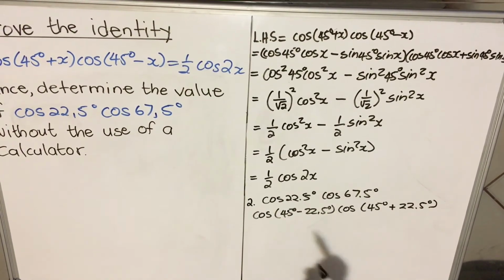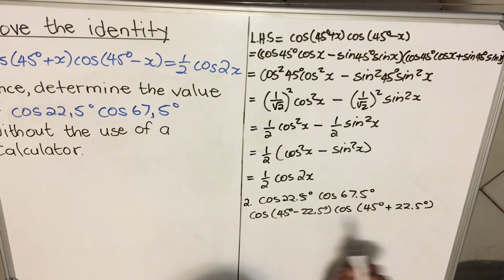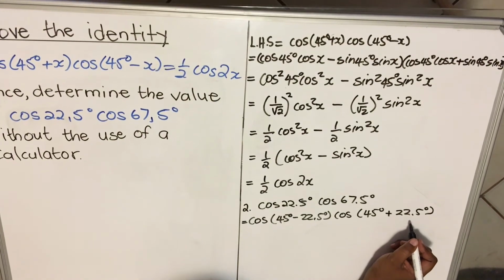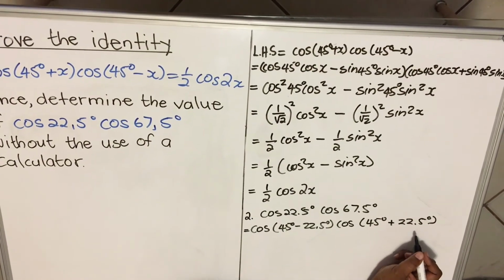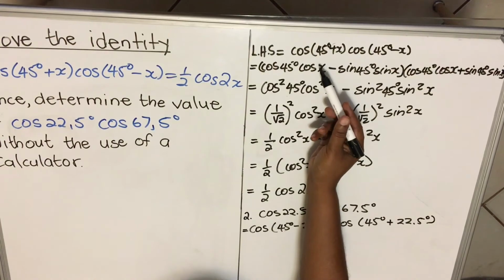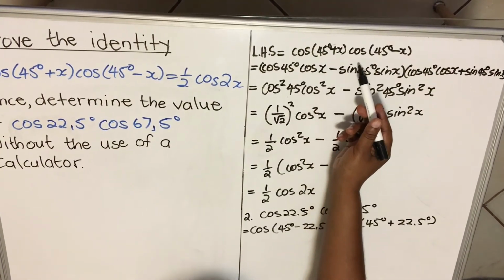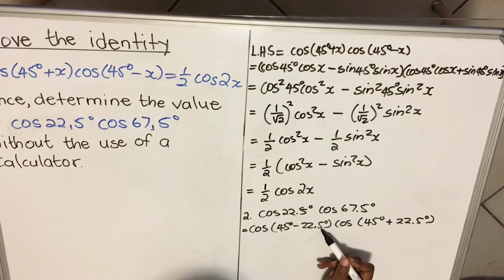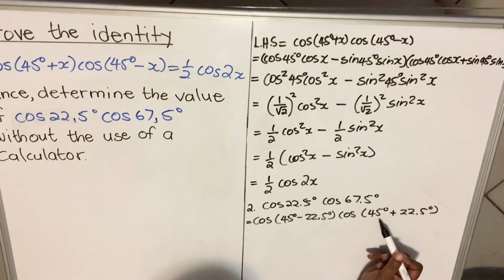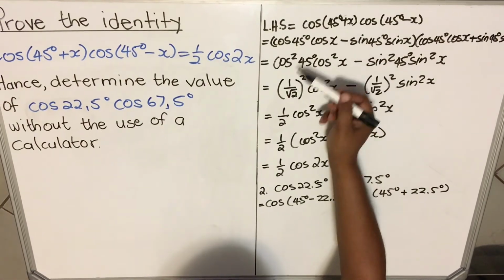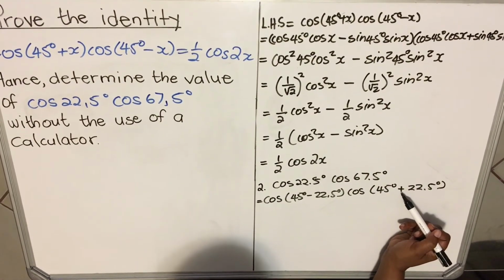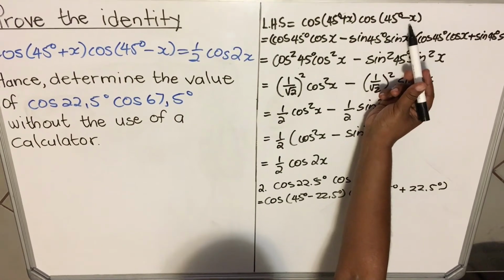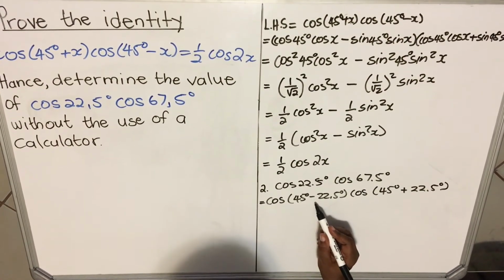Now, when you look at this identity, it is exactly the same as the one that we started with. We had cos(45 + angle), but this angle now is 22.5. And then in the next bracket, we had the other way around: cos(45 − angle).